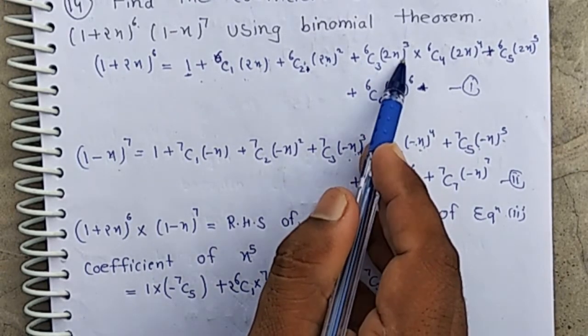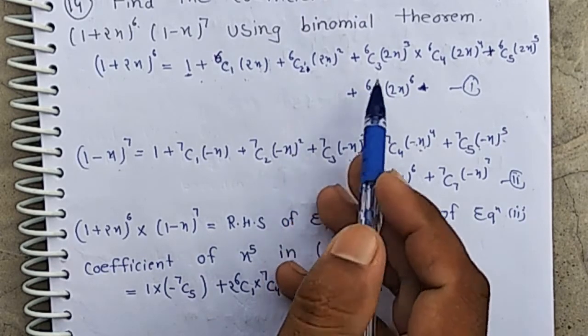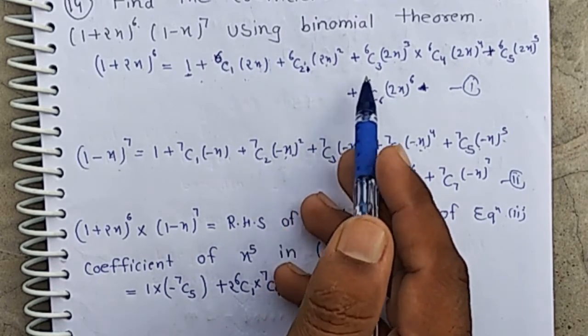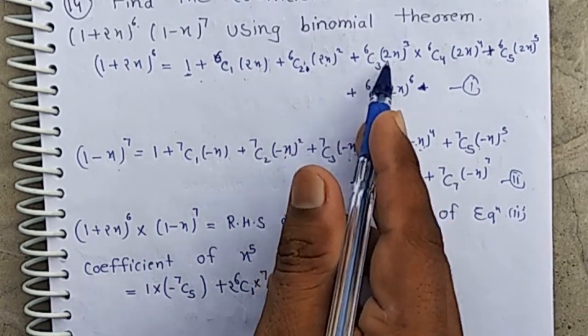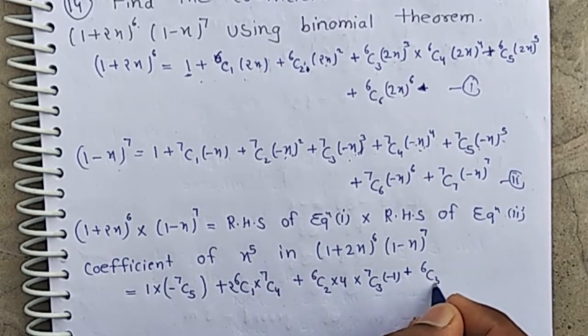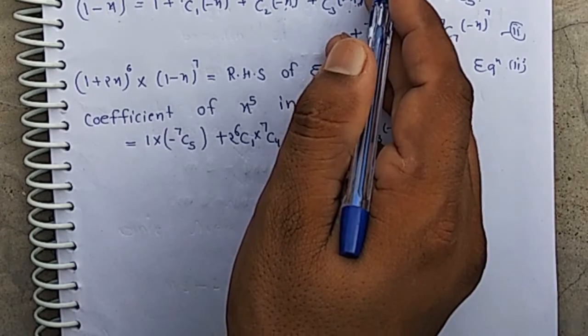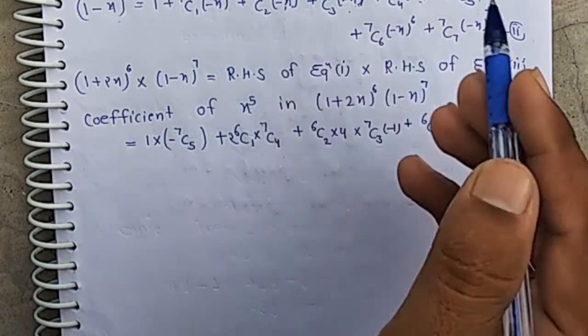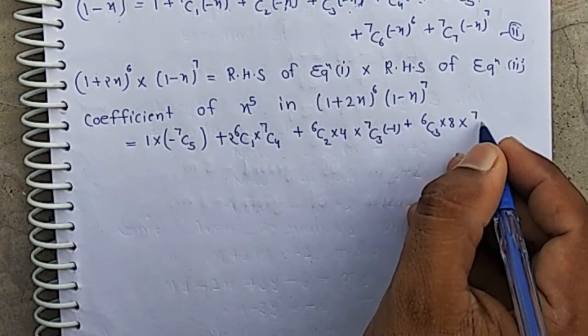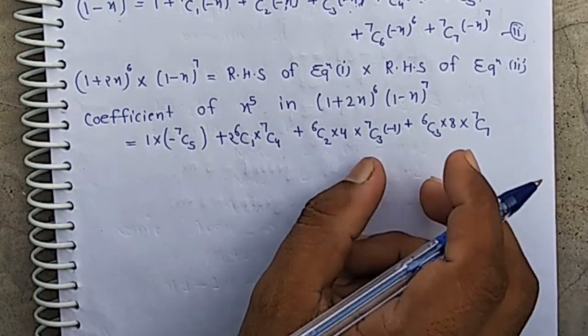When x cube is multiplied by x square, we get x to the power 5. Then the coefficient is 6C3 into 8, and when this term is multiplied by this term, we get 7C2.